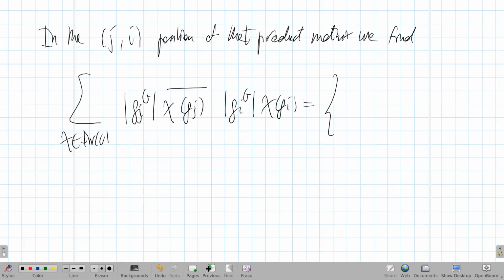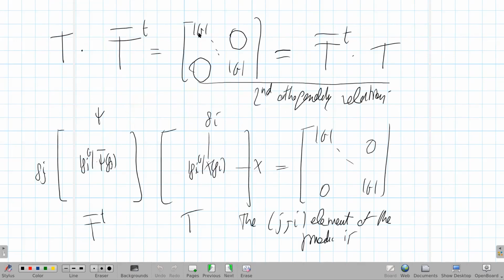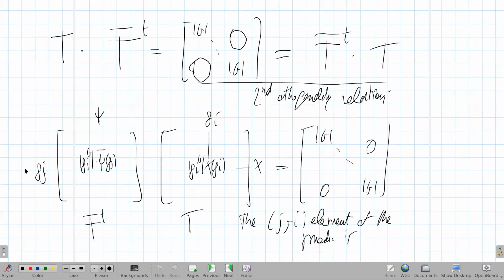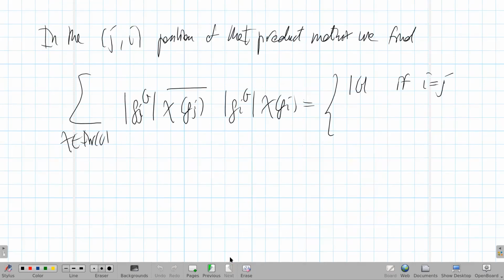And we have already seen that this is a scalar matrix. So we will have the order of G on the diagonal and 0 outside. So this will be the order of G if i equals j, if the two indices are the same, because remember, here we are taking the row j and row i here. And 0 if i is different from j.